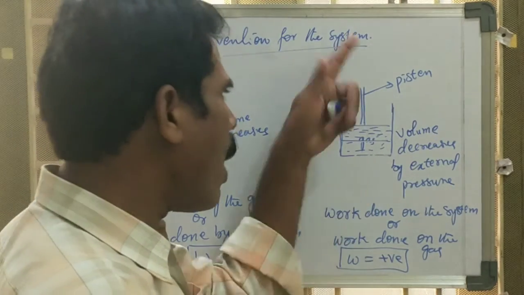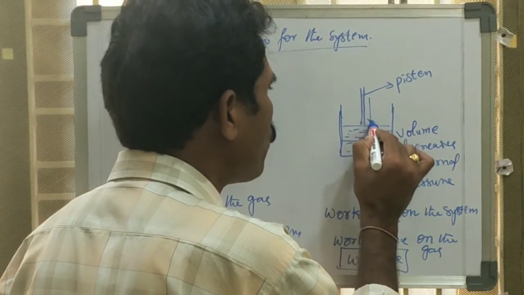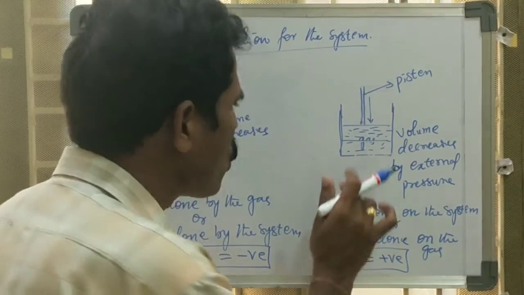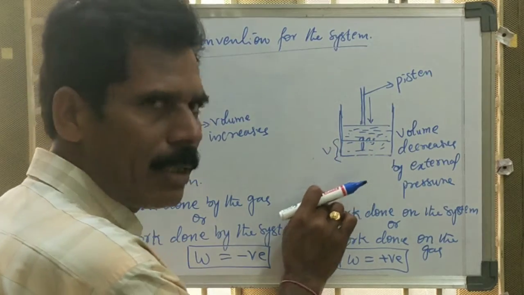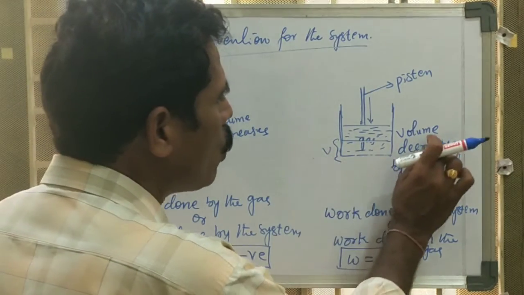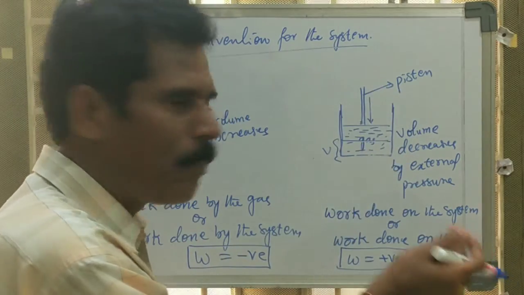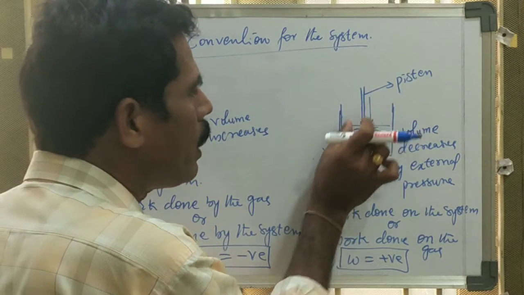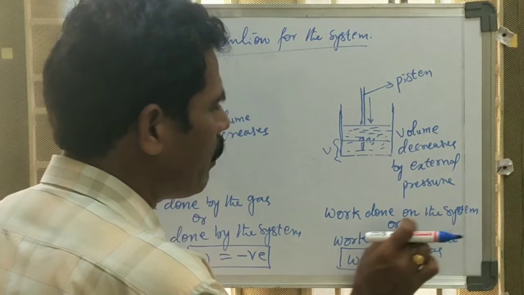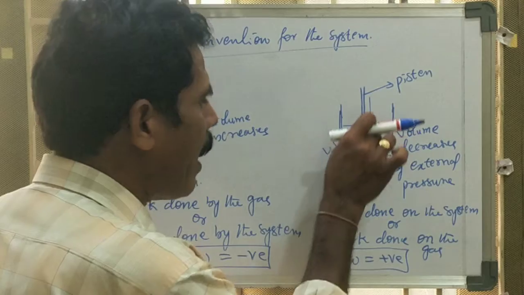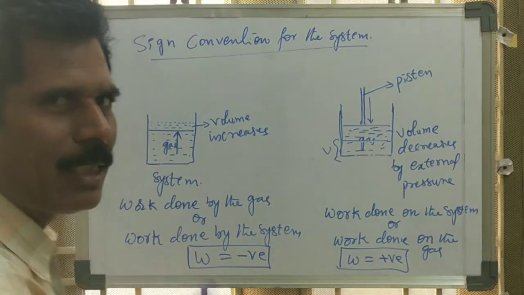Next, work done on the gas, work done on the system: the piston exerts the pressure, so the volume decreases by external pressure. Pressure is applied externally by placing a piston over the gas in the cylinder. So work done on the system or on the gas is positive. So W is equal to positive. Is it clear, everybody?